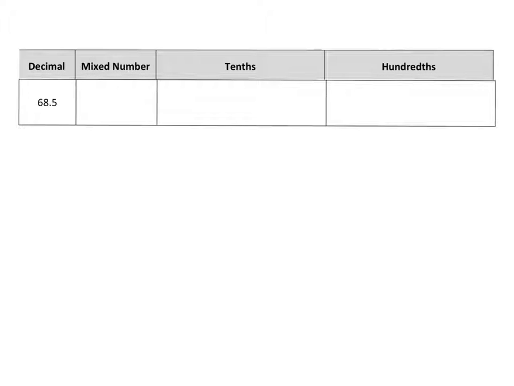And this last one, we got 68 wholes and 5/10. So what does it look like as a mixed number? Well, when we change it into a mixed number, we get 68 and 5/10. The fraction is 5/10. Now, what is it going to look like as tenths? Well, we just take 685 over 10. And then if we continue, what would it look like as hundredths?